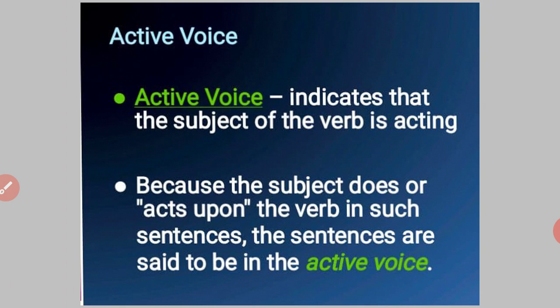The subject is performing an act. Because the subject does or acts upon the verb in such sentences, the sentences are said to be in the active voice. Getting? If the subject performs an action or does any verb, then these sentences are said to be in active voice.